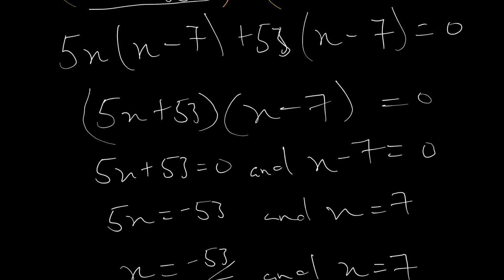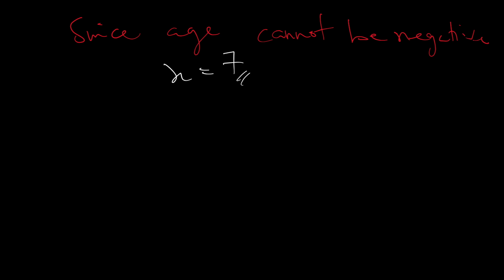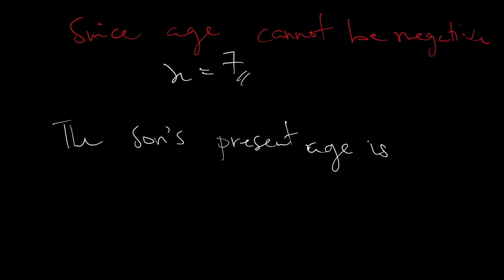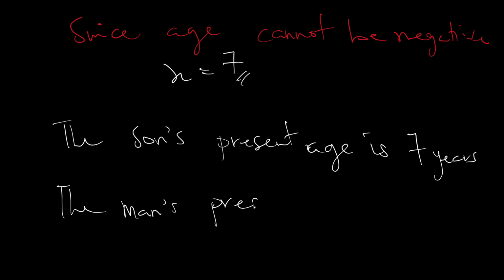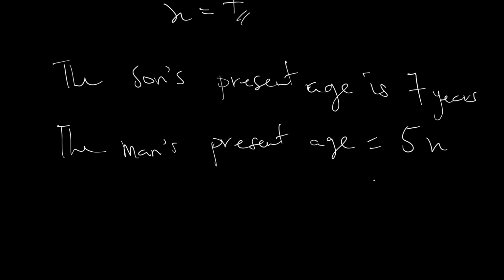Okay, so in that case, we can say that the son's present age is 7 years and the man's present age is equal to 5 times x, and this is equal to 5 times 7.